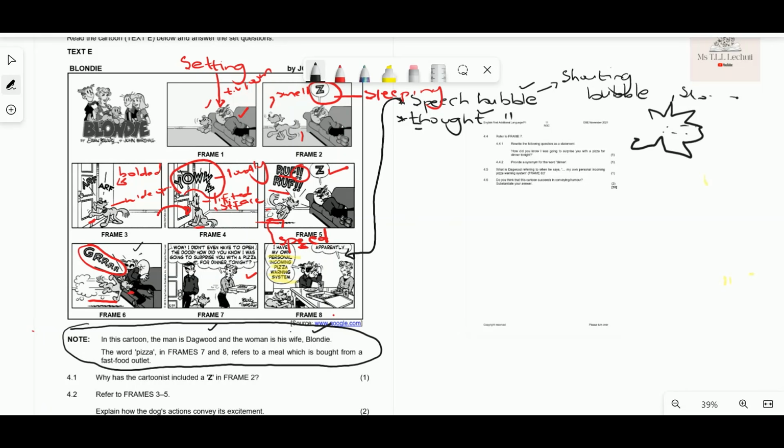In essence, what is that personal incoming pizza warning system? It is the dog, because it's the dog that could sense that someone, or maybe food, was coming, or it could smell pizza from afar, hence it woke Duckwood.